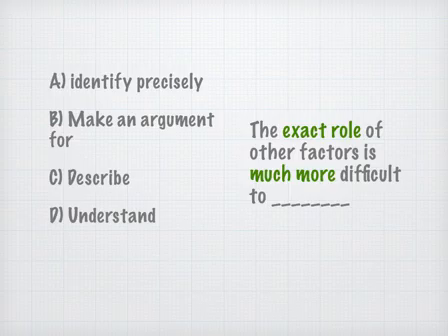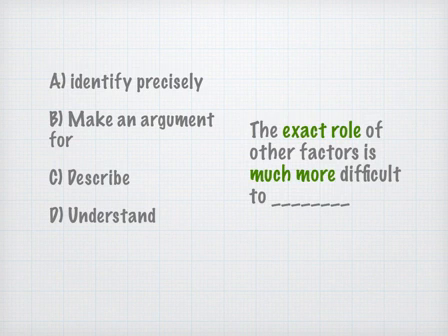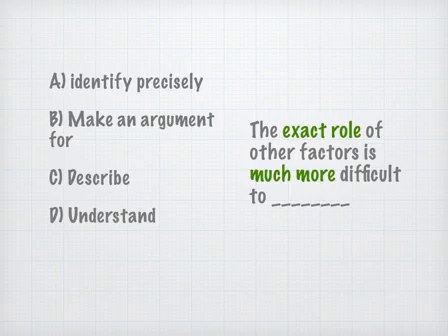We've got this idea of other factors, a role of one thing in a list of others. There's no real mention of any kind of argument here. We're looking at something that plays a role. We're not looking at something that contradicts to create an argument. So I don't think that B will be the right answer in this particular situation.